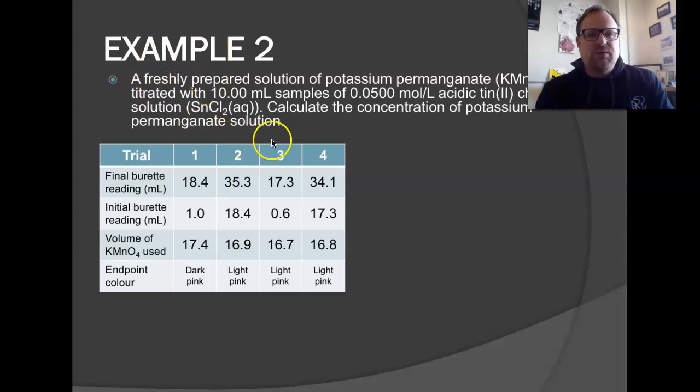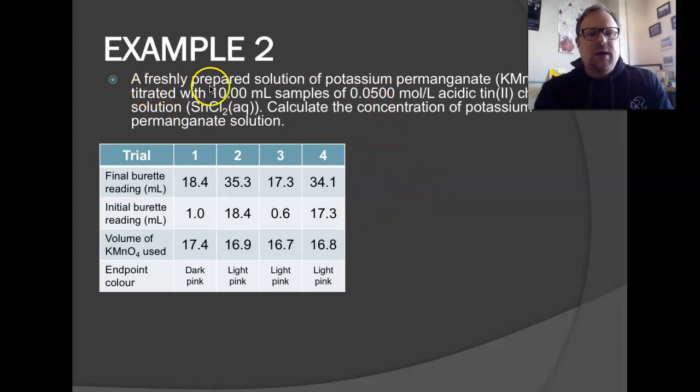Both the question phrasing changed and the table changed. I know it's a bit of a hassle, but I would recommend if you get a chance to do that so you can follow along. So pause now if you want to do that, and I will continue on with solving this question.